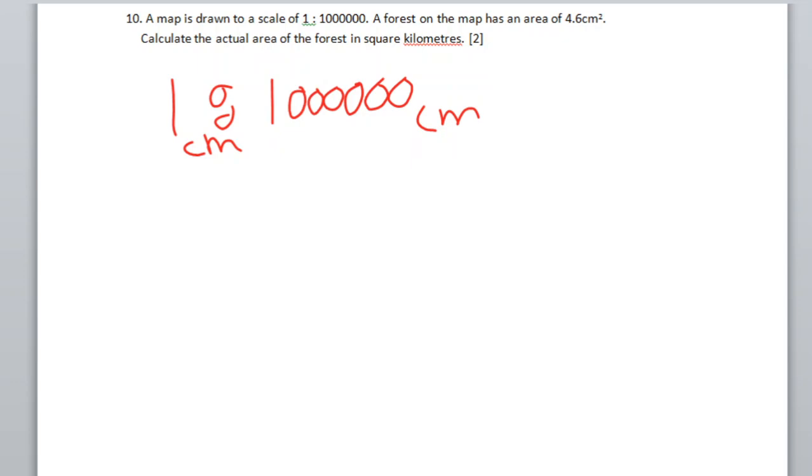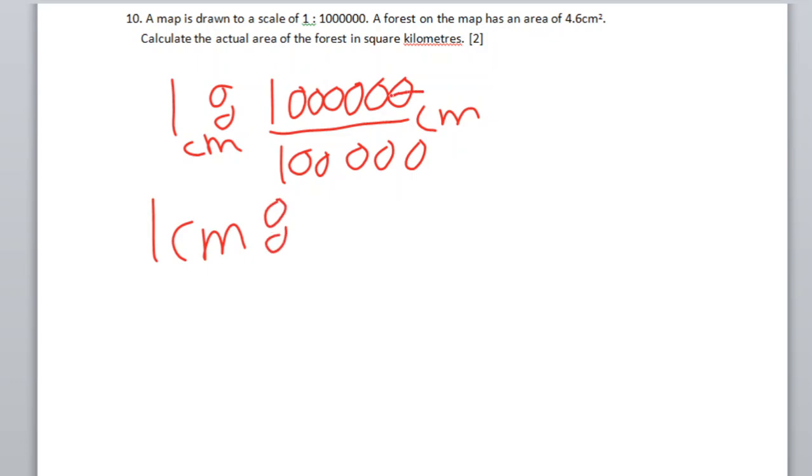So change this scale into a scale that gives us conversion from centimeters to kilometers. So for that, how do we change centimeters to kilometers? By dividing this by 100,000. So which means 1 centimeter actually corresponds to 10 kilometers. 1 centimeter on the map is 10 kilometers actual distance.